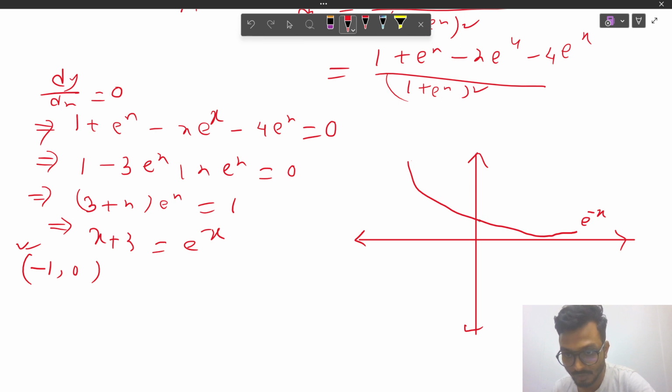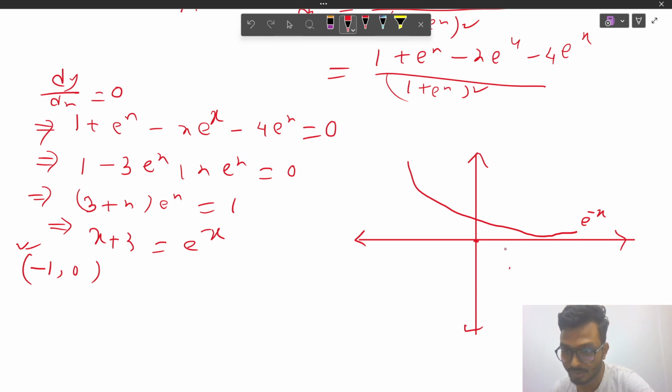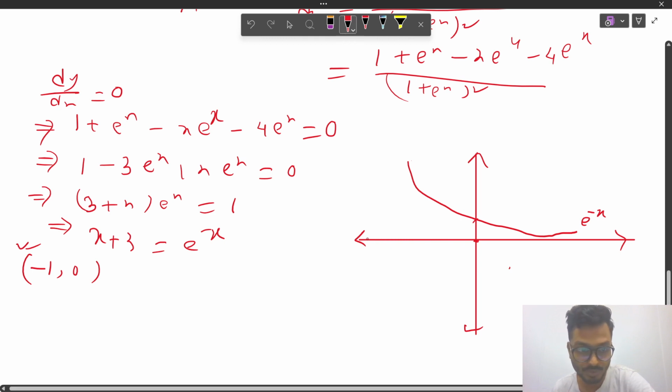When x equals 0, what is y? y equals e to power 0, that means 1. So we can find this point, and also we have to find the line x plus 3.